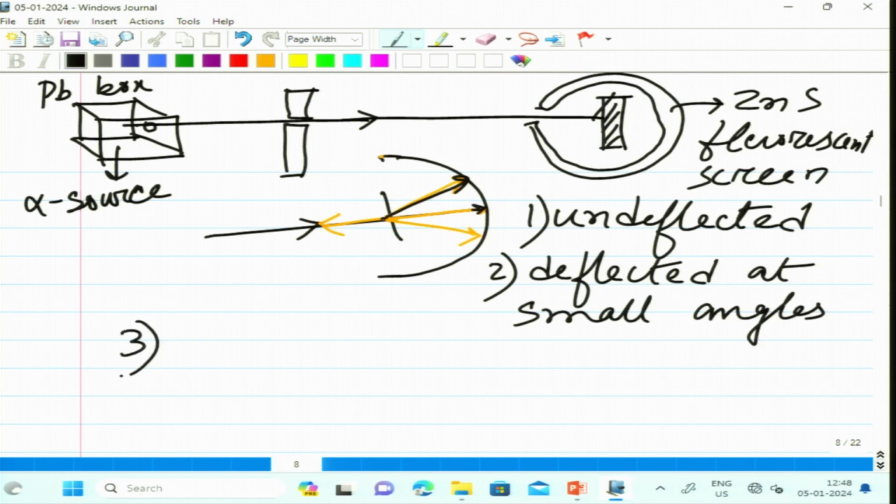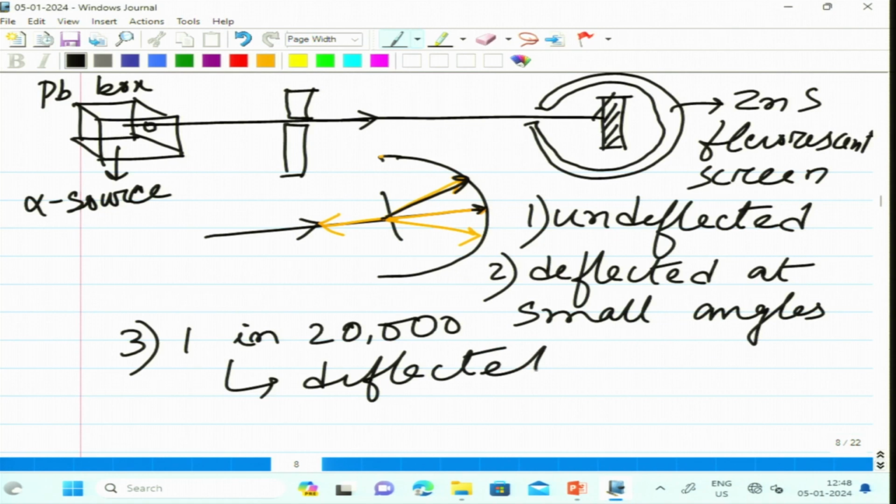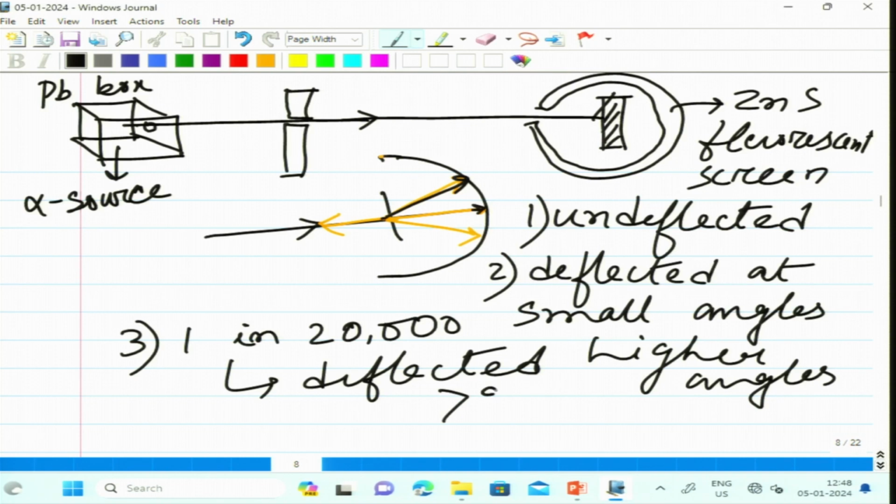and some of them, about 1 in 20,000 particles, deflected at higher angles, greater than 90 degrees, and some of them also deflected at 180 degrees.